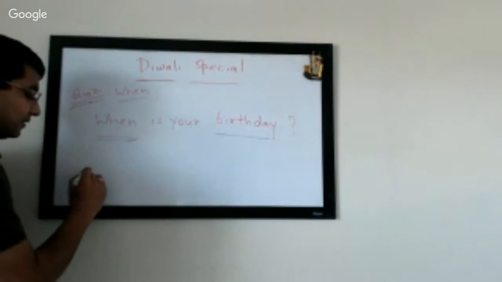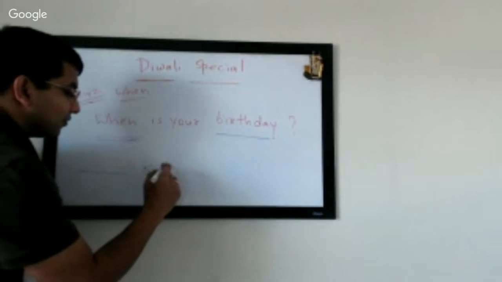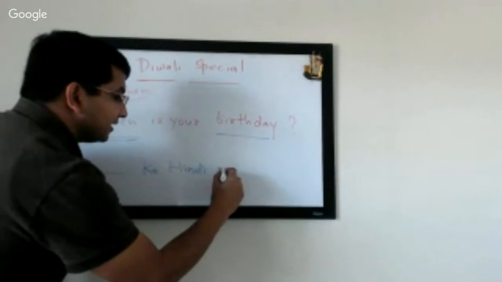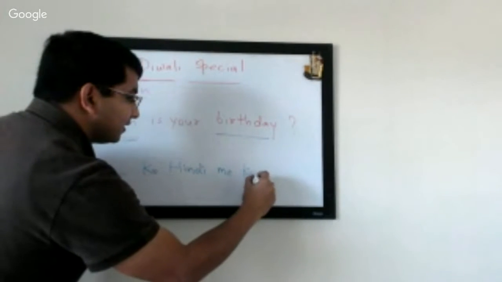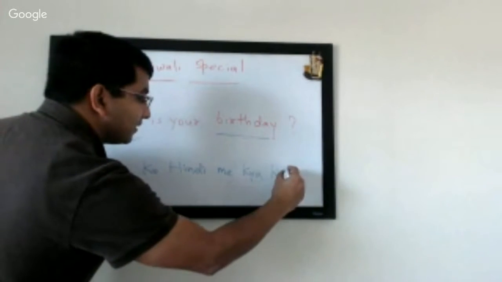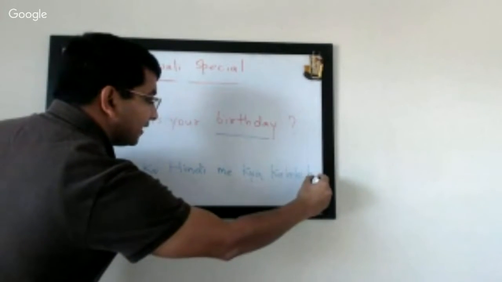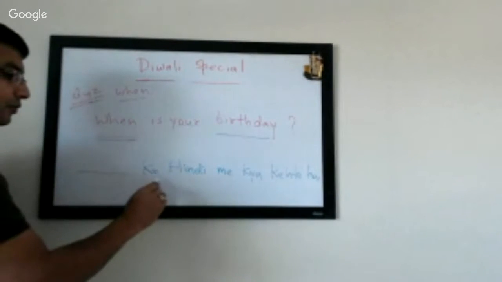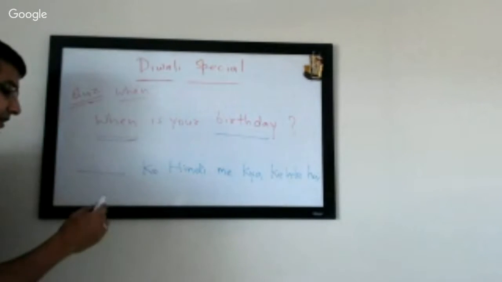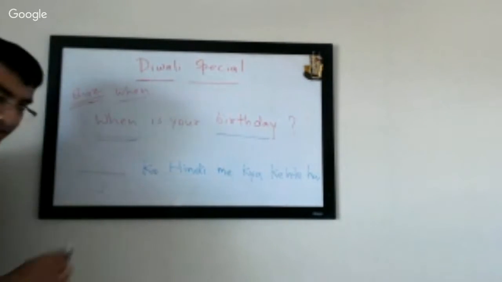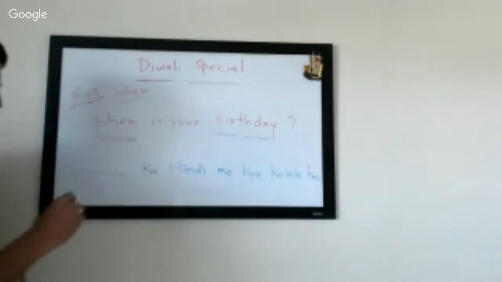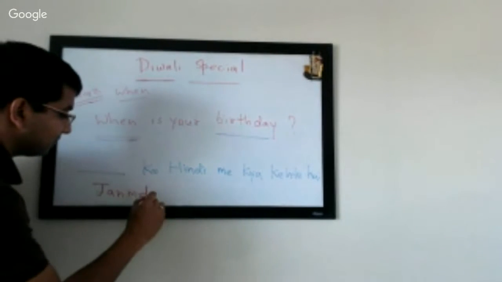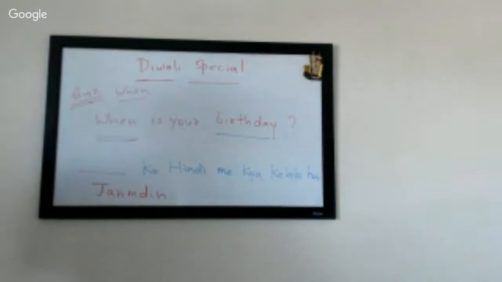So the formula is again को हिंदी में क्या कहते हैं. So anything that you want, birthday को हिंदी में क्या कहते हैं? Birthday को हिंदी में जन्मदिन कहते हैं.